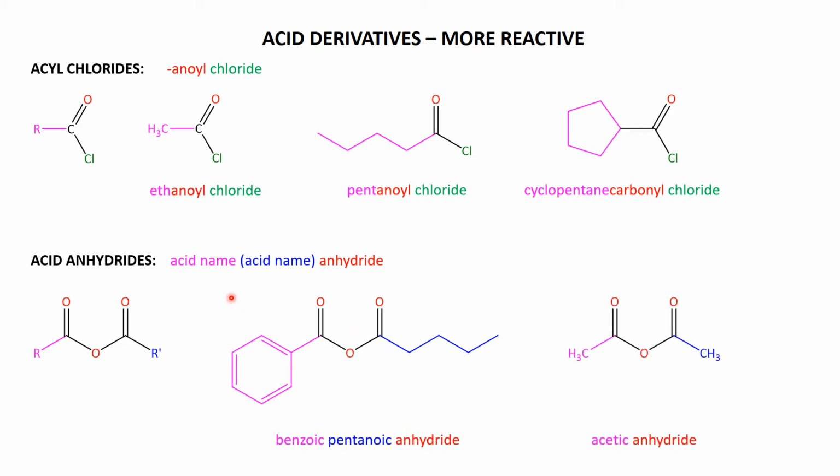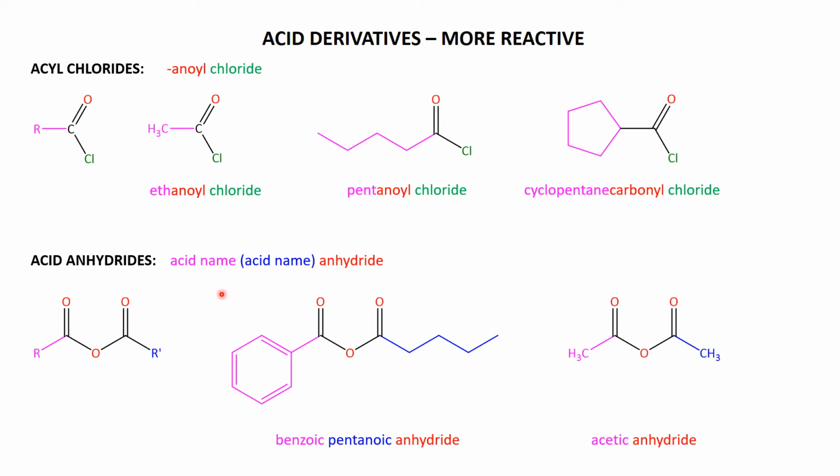If you have the same acid for both of them, and this is probably the most well-known anhydride, it's just 2 acetic acids, so that's 1 acetic acid, another acetic acid. You don't call it acetic acetic anhydride, you just call it acetic anhydride, or in this case, of course, ethanoic anhydride, but I've never met anyone who calls it anything other than acetic anhydride. So I've put the second acid name in brackets there.